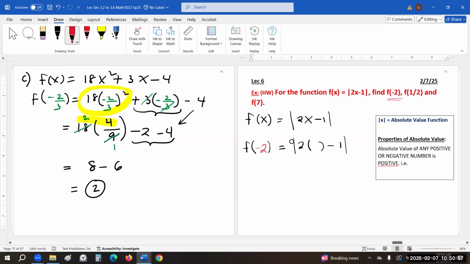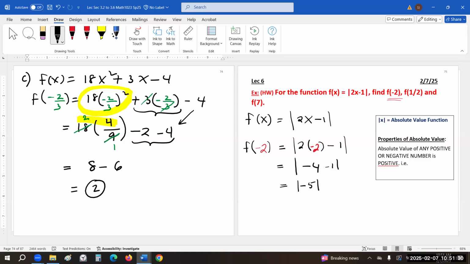It means replace all the x's with -2. So 2 times -2 and then minus 1. And using algebra, we simplify this. So what is 2 times -2? -4. So you have -4 minus 1. And how much is -4 minus 1? -5.